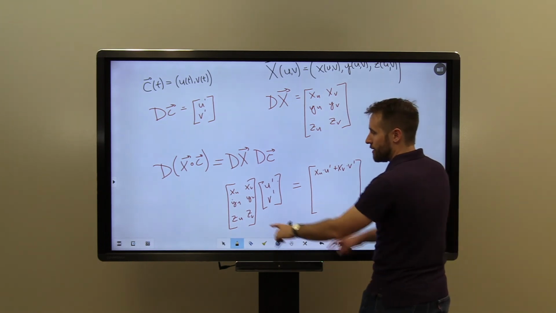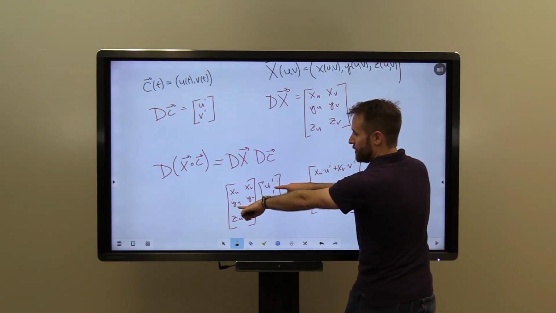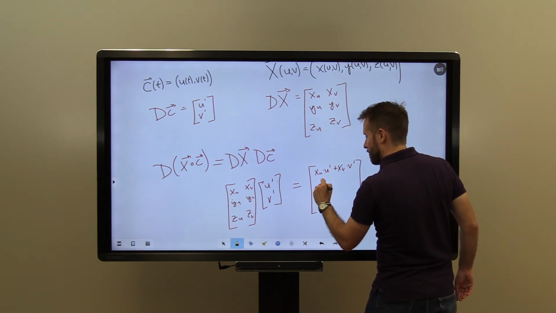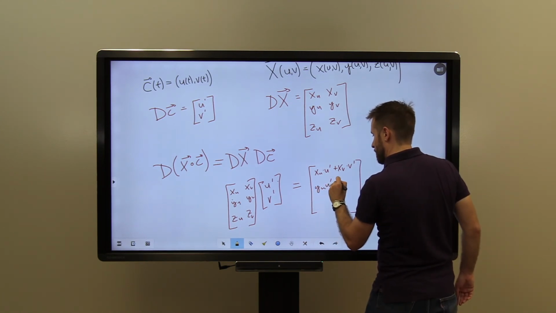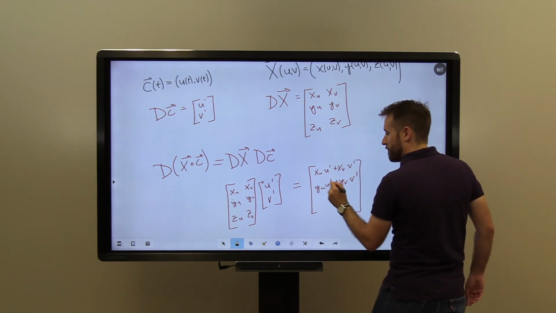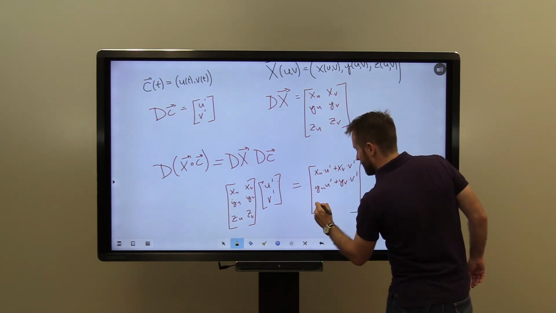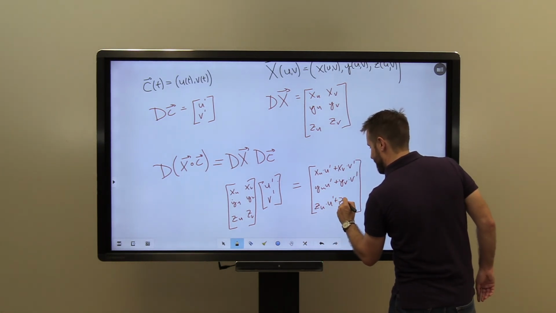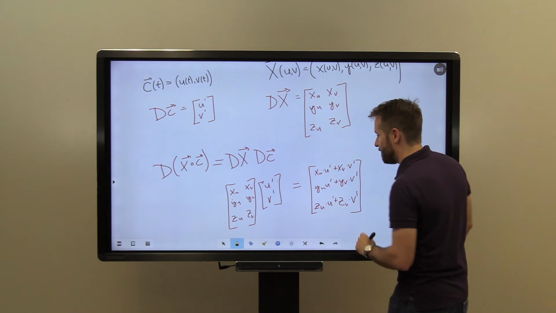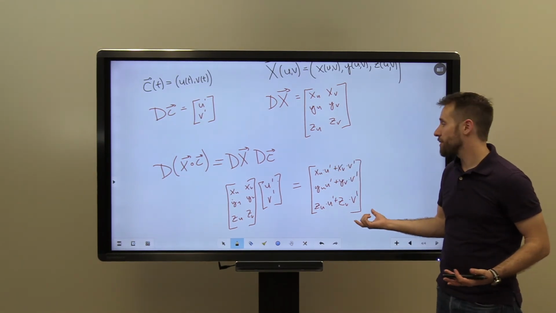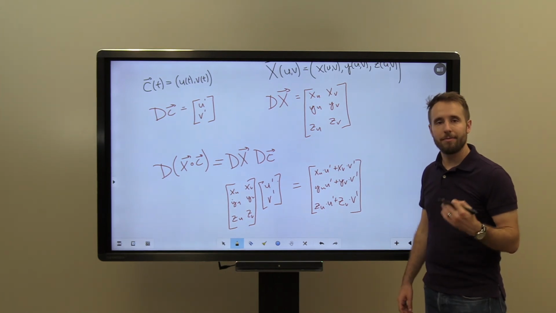The next entry will be y sub u times u prime plus y sub v times v prime. Okay, and then the final entry will be z sub u times u prime plus z sub v times v prime. Perfect. So each of these is a single entry, and we end up with a 3×1 vector here.